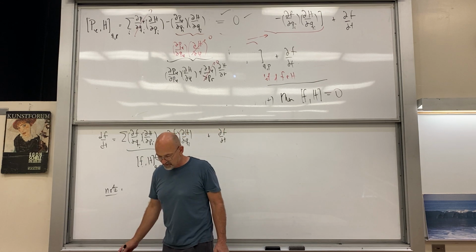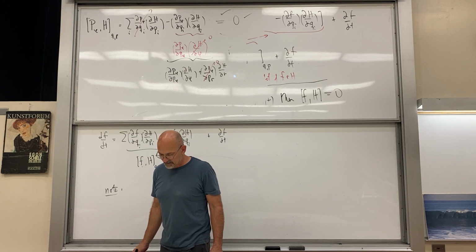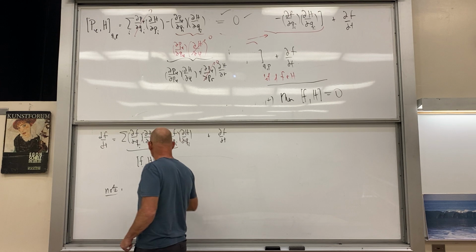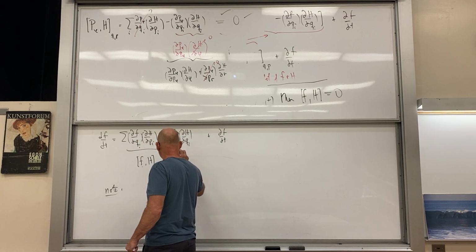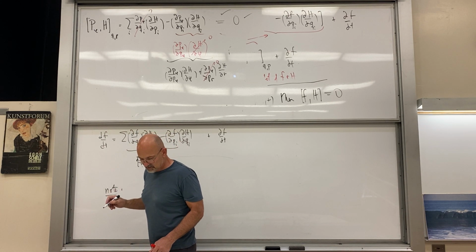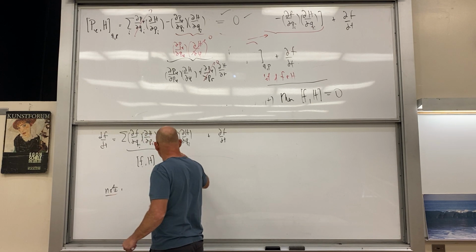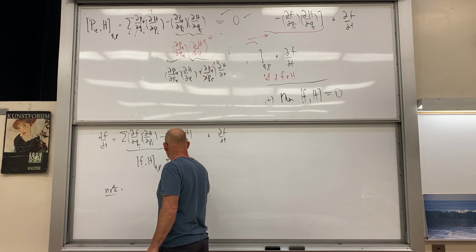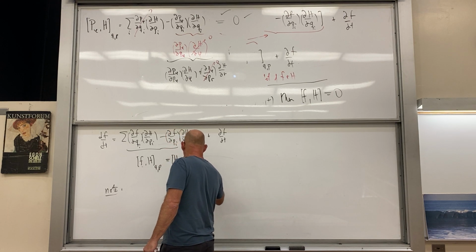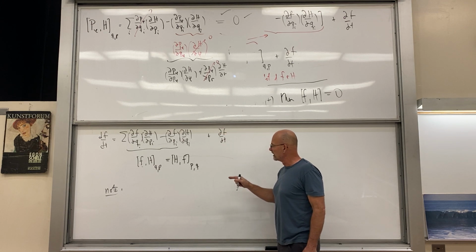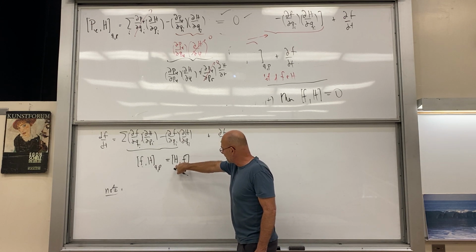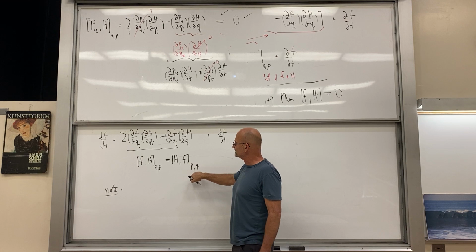So what do I have here? The Poisson bracket of f and H, we could call this the bracket of H and f, in p, q, right? You just reverse the order up here, and then you reverse the order down there.